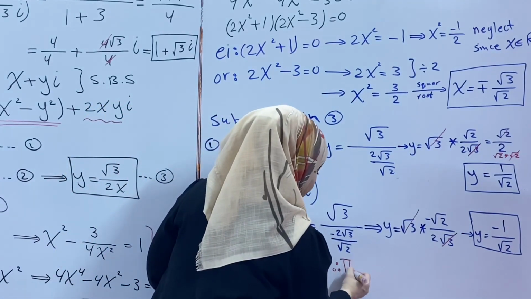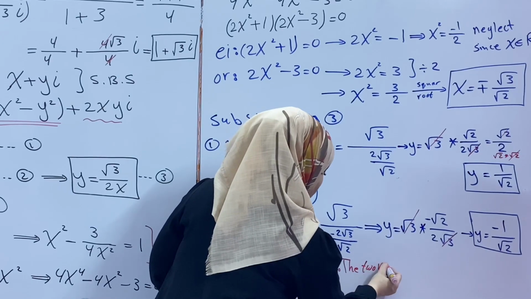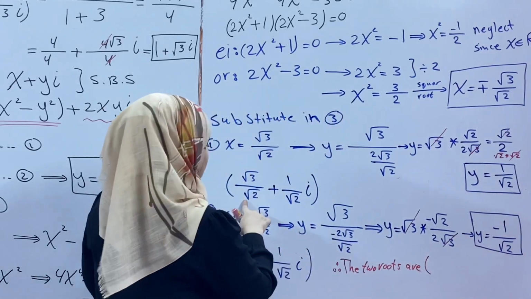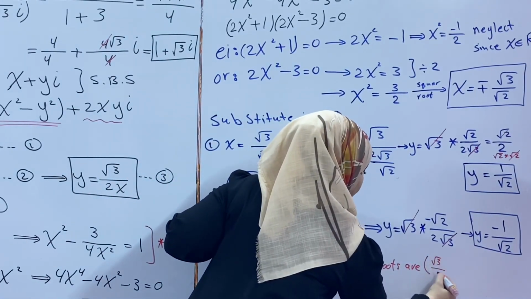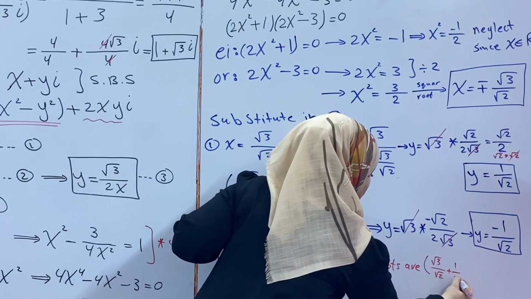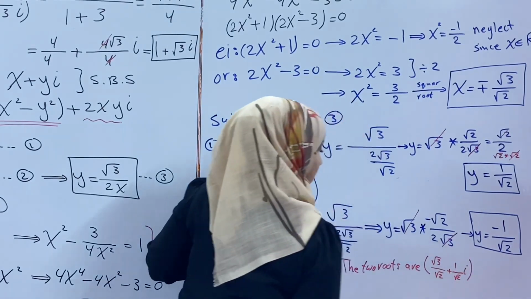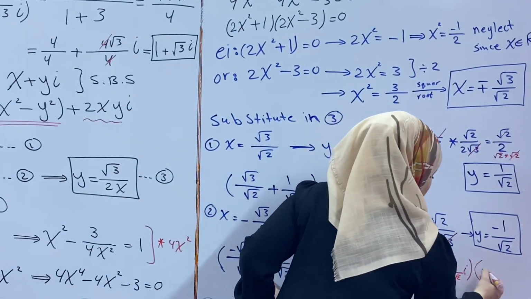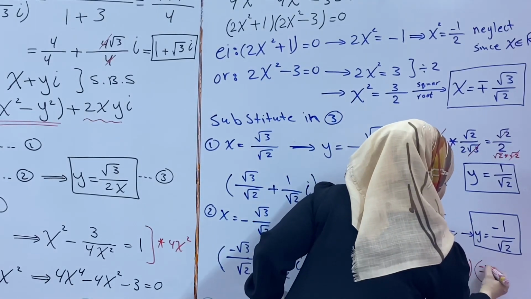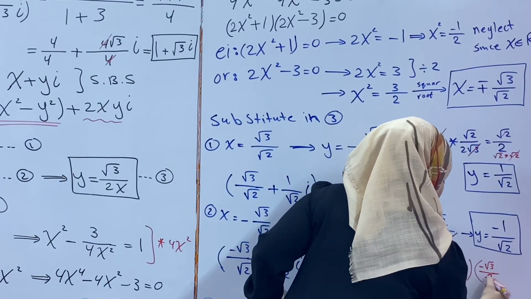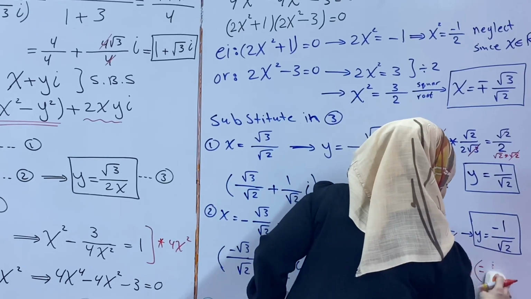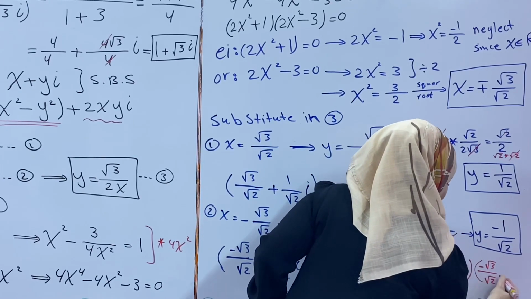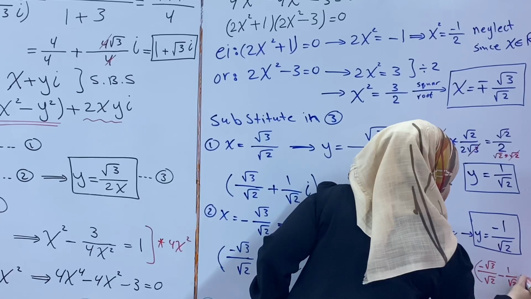So the two roots are: the first root is square root of 3 on square root of 2 plus 1 on square root of 2 i, and the second root is the same values but negative, so negative square root of 3 on square root of 2 minus 1 on square root of 2 i.